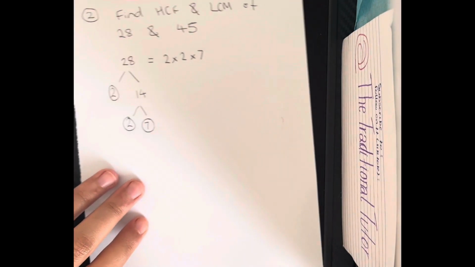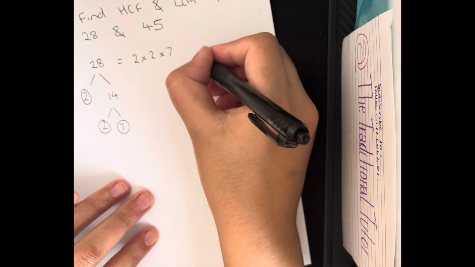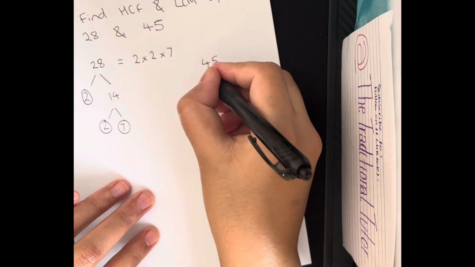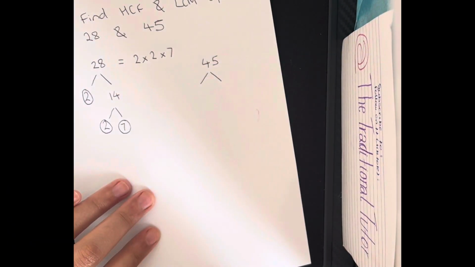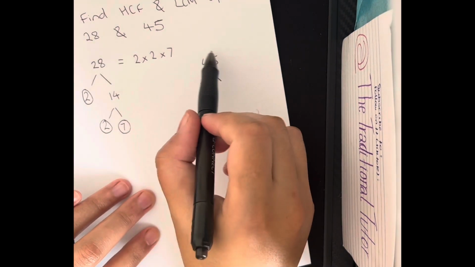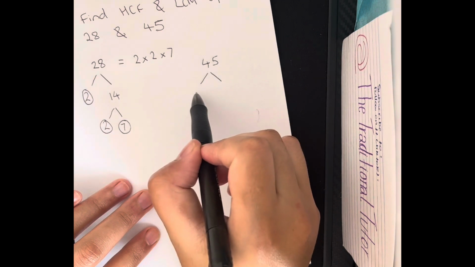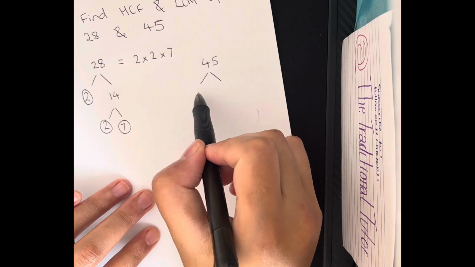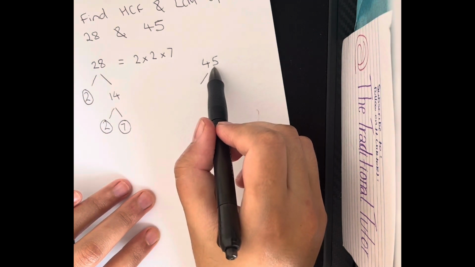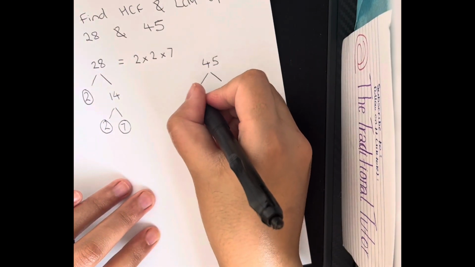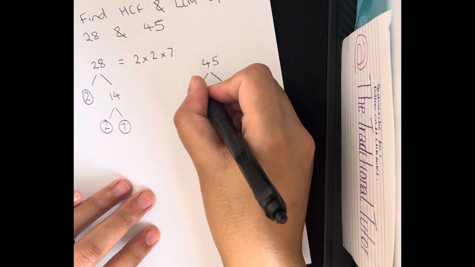Okay, and then the next number is 45, and let's go ahead and do the prime factorization of that. So we can see that it's an odd number, so I cannot just divide by 2, okay, like I'd like to. Instead, because it ends in a 5, I'm going to go ahead and use 5 times table. So 5 is a prime number.